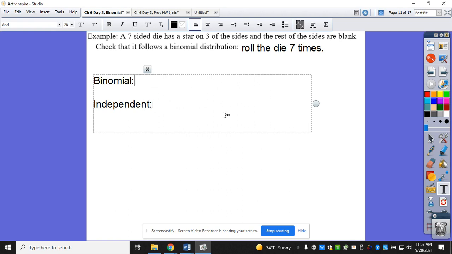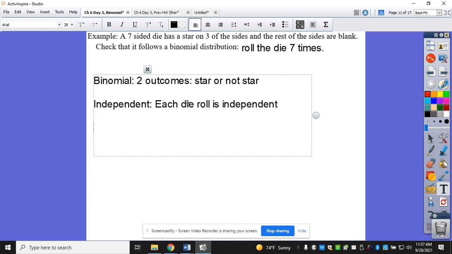All right, now I'm rushing you a little bit time-wise. What do I write beside a binomial? Star, not star, star, not. Just making sure that you're saying, hey, I checked 2 outcomes. It was star, and the other one was something else. What do I write beside an independent? What's my next thing to check?